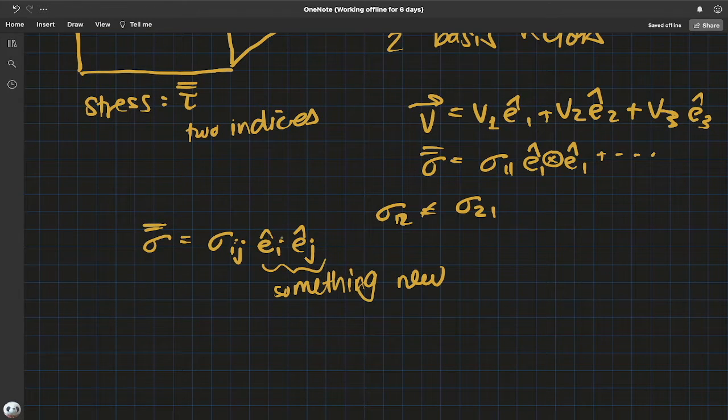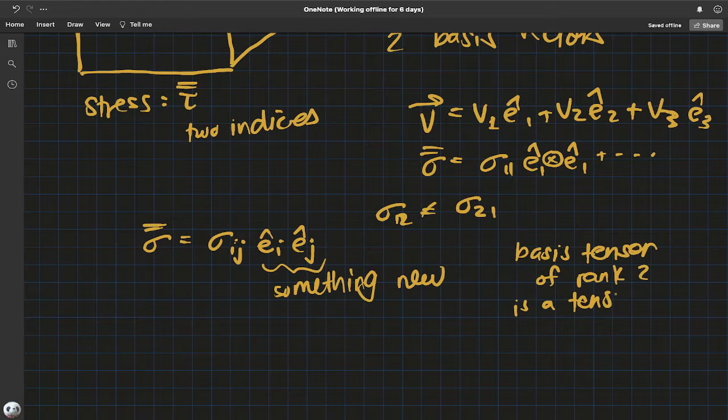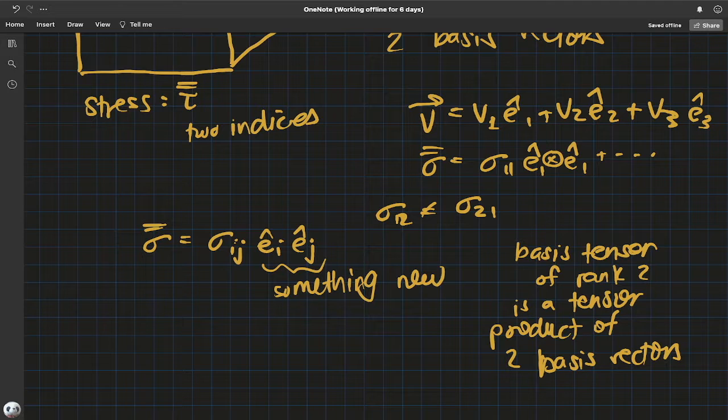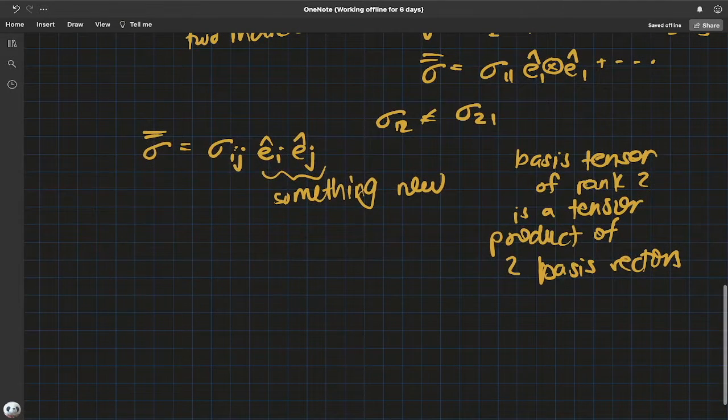This is a new basis vector, the e_i tensor e_j, or rather a basis tensor. e_i, e_j were basis vectors, but a basis tensor of rank 2 is a tensor product of two basis vectors.